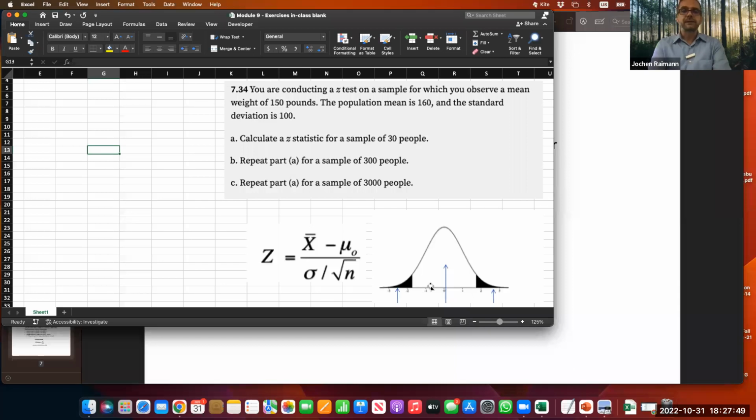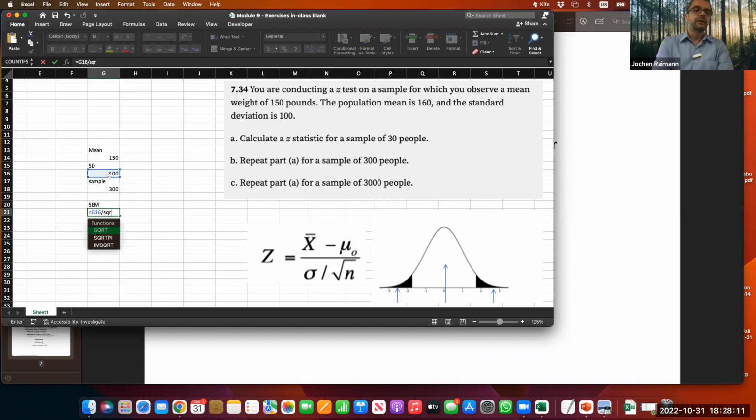So let's quickly write this down. We have a mean of 150. We have a standard deviation of 100. We have a sample size of 300. Let's take example B. And now we want the standard error of the mean. This is basically standard deviation divided by the square root of the sample size. It is 5.77.